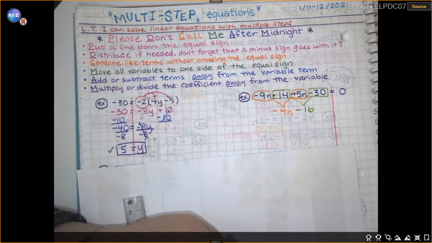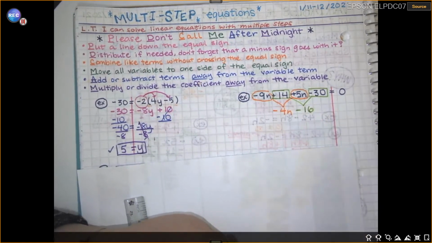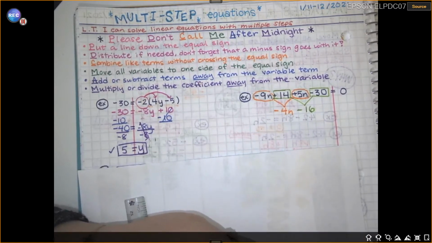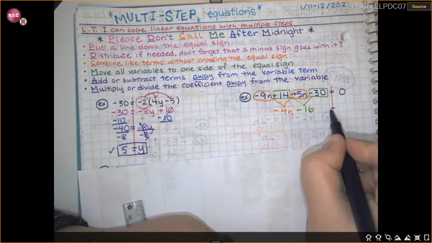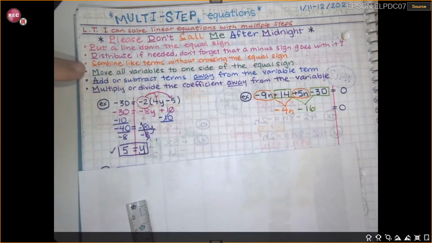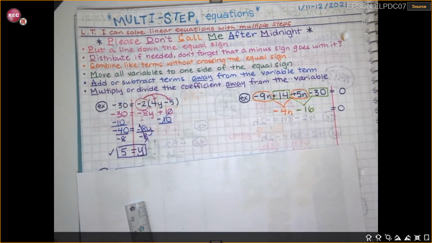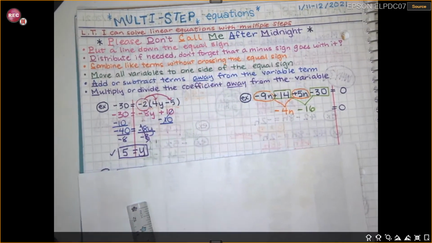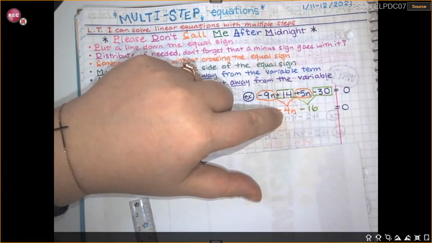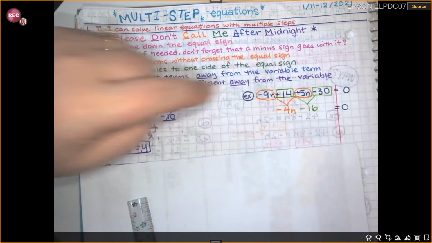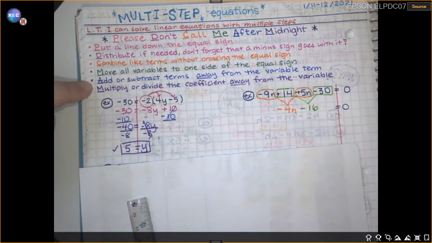Okay, and as I said before, this equals 0 does not change. Then the next one is move all variables to one side of the equation. Well, look, we only have n's on the left, so there's nothing to move. Great. So now we're just down to a two-step equation.